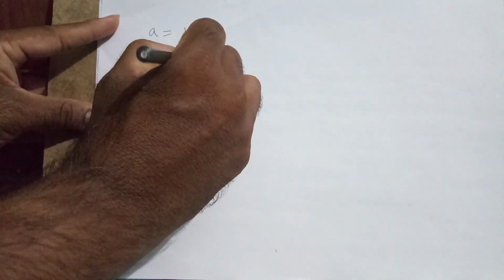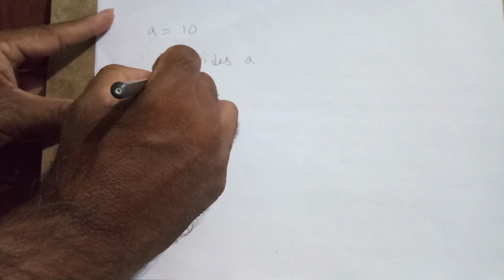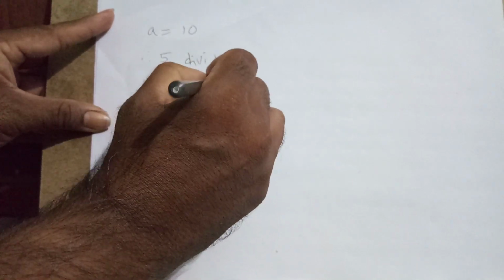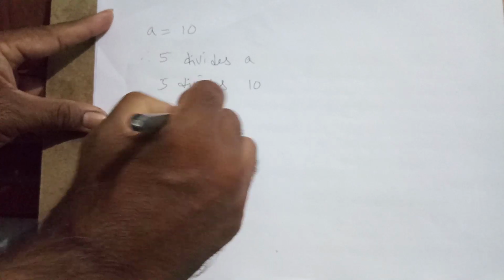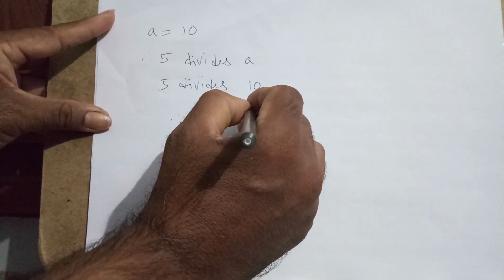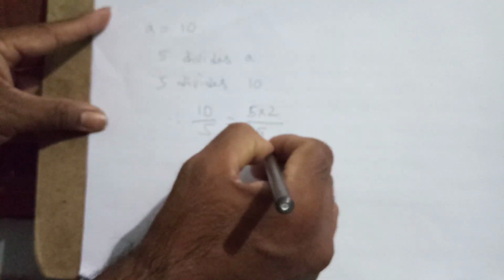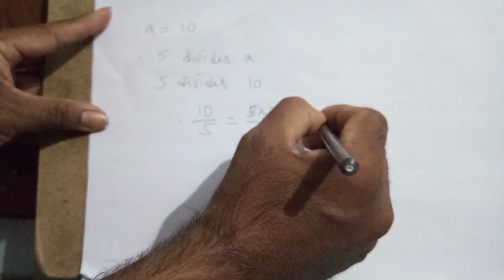For an example, a is equal to 10. Therefore, 5 divides a. Therefore, 5 divides 10. Therefore, 10 can be written as 5 times 2 by 5. 5 and 5 can cancel.